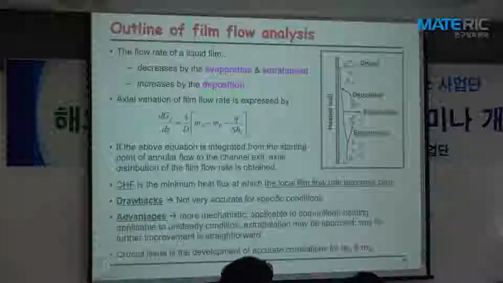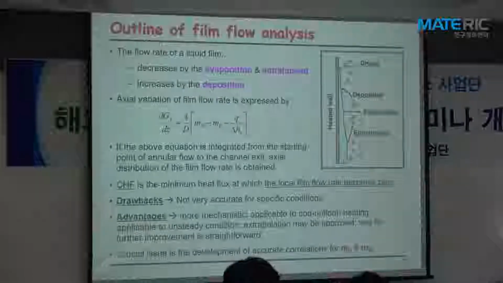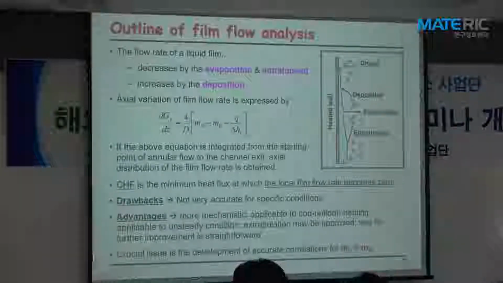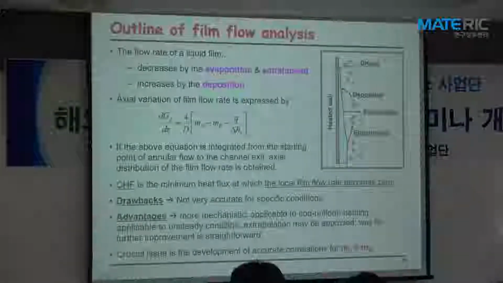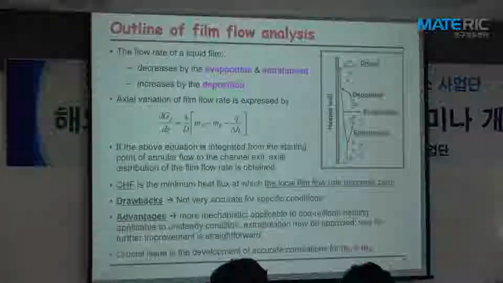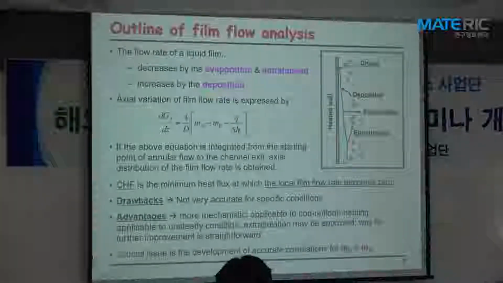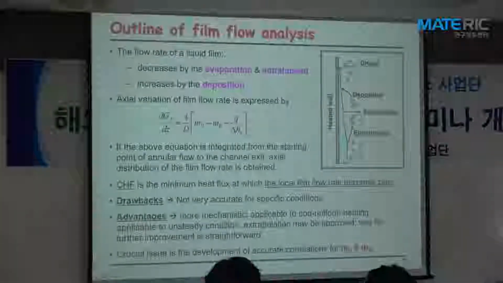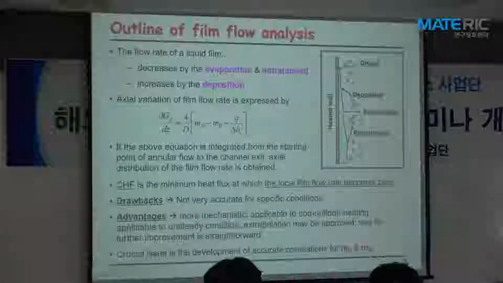Next, before talking about droplet transfer, deposition, and entrainment, I would like to talk about the outline of the film flow analysis. Why do we want to develop a good correlation for deposition and entrainment? The main purpose is accurate prediction of the critical heat flux by liquid film dryout.